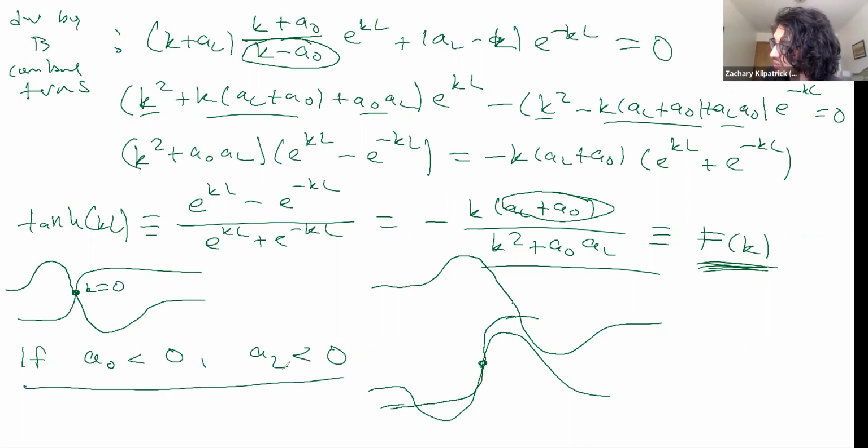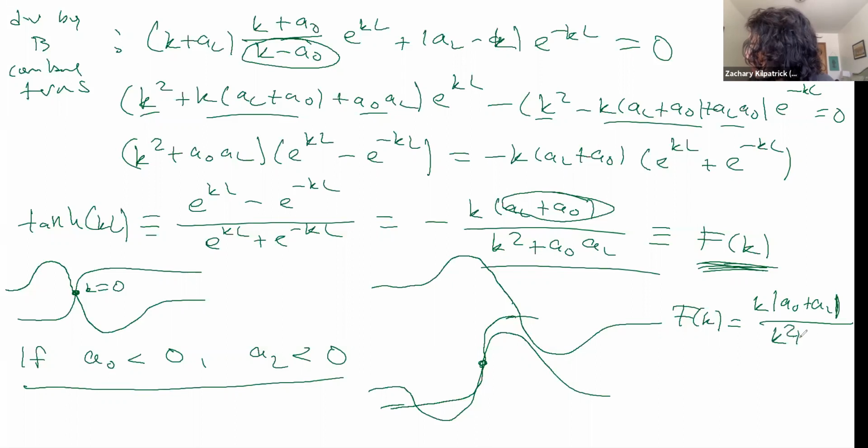If I take A0 and AL less than 0, then f of k is going to be equal to k times the absolute value of A0 plus AL, over k squared plus A0 AL, okay?